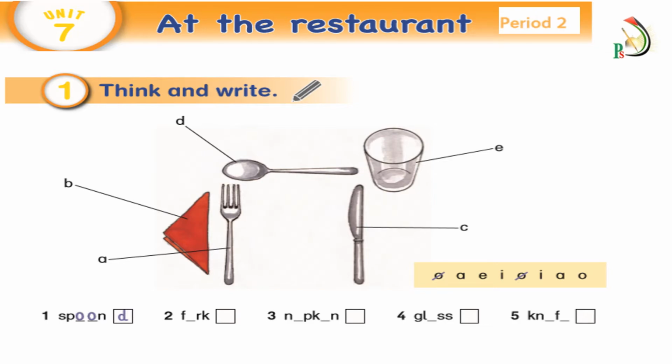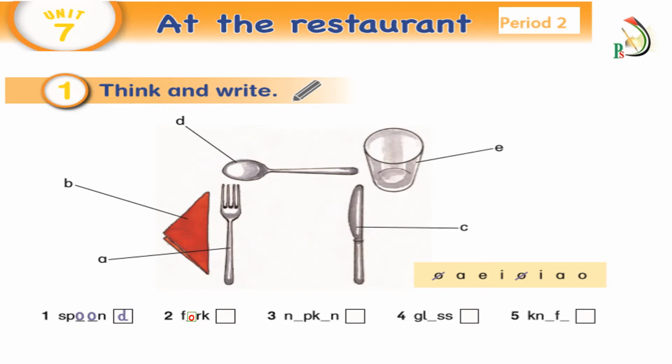So again, have a look at this word number 2, F space RK. What is the missing letter here? Write the answer down. Now check your answer. Excellent. This is letter O, the missing letter.